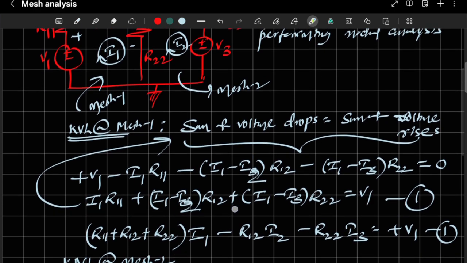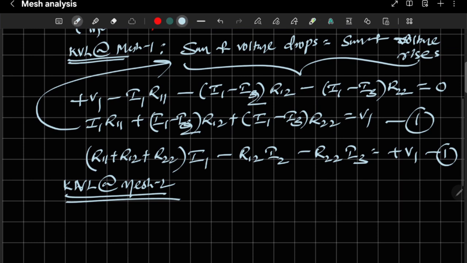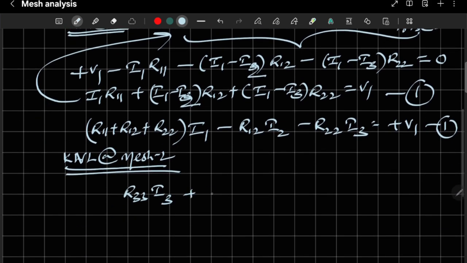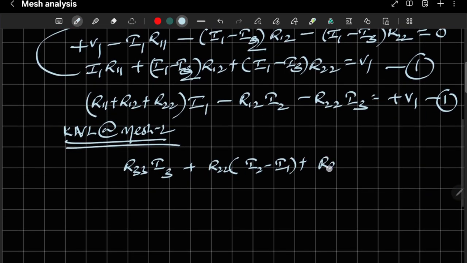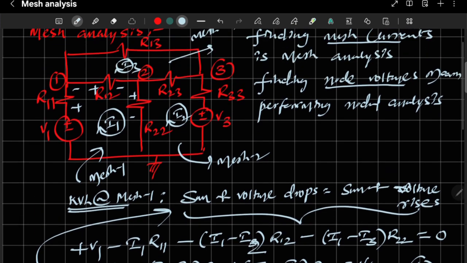So some of the voltage drops I'm taking now: R33 into I2, and then R22 into (I2 minus I1) plus another resistor, R23, so R23 into (I2 minus I3) is equal to, do you have voltage rise or voltage drop?